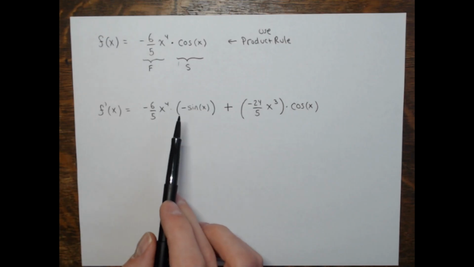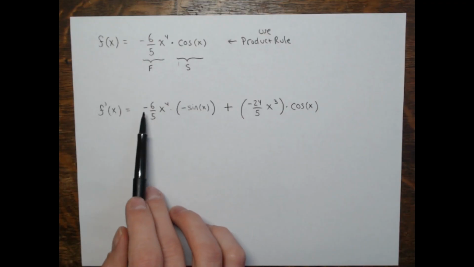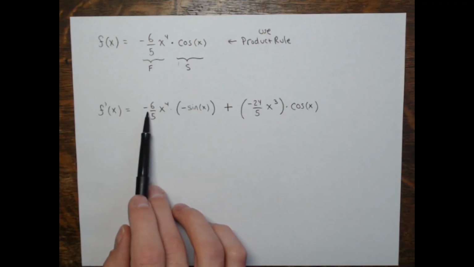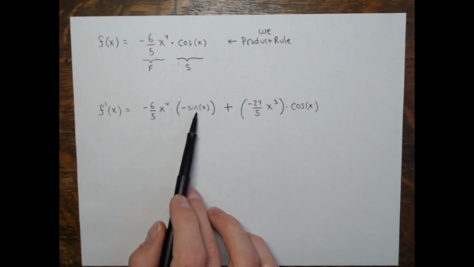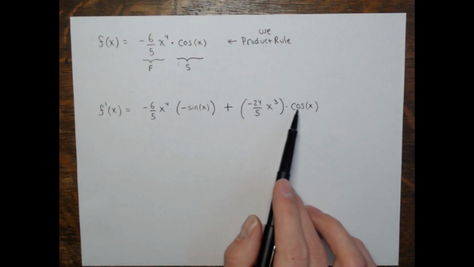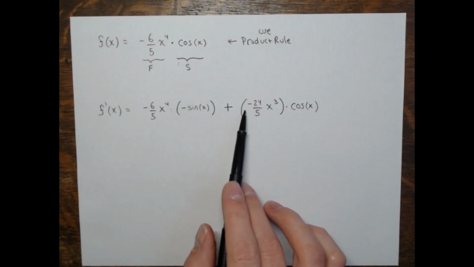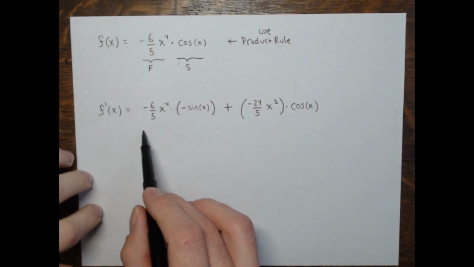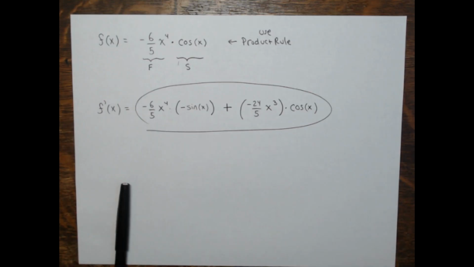And if you'd like to simplify a little bit, with just the coefficients, got -1 here, -6. So I'll make that positive 6/5 times x to the fourth times sine x in this first term. And then the coefficient of the second product would just be -24/5. So I'll make this -24/5 times x cubed times cosine x. But this is pretty much what I'm entering. That is the first derivative function.